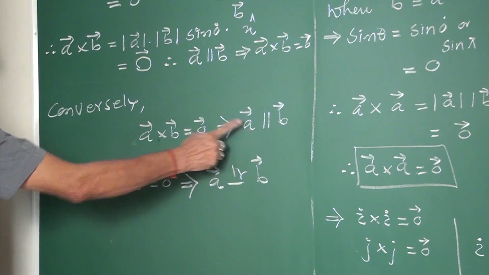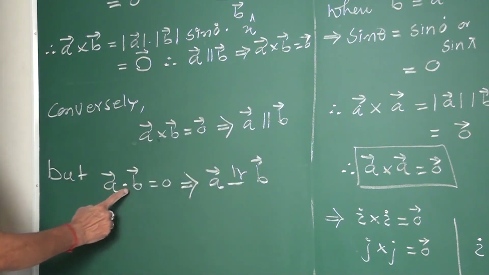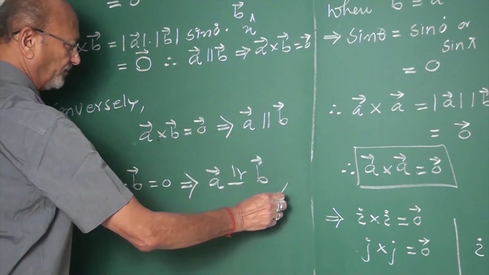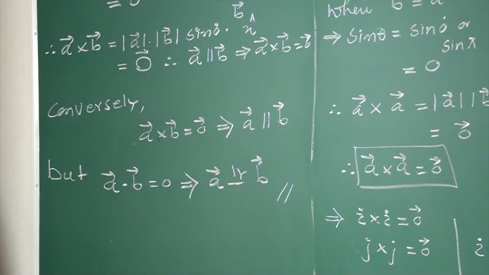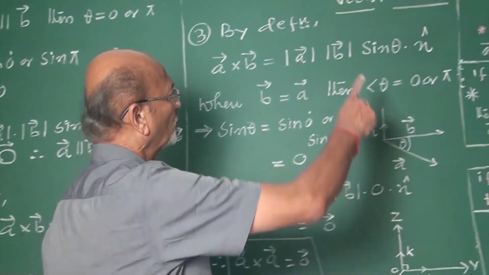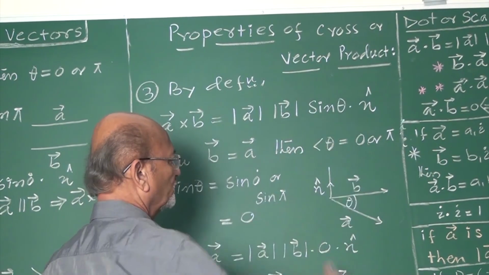Remember, parallel cross 0, perpendicular dot 0. These are properties of vector or cross product.